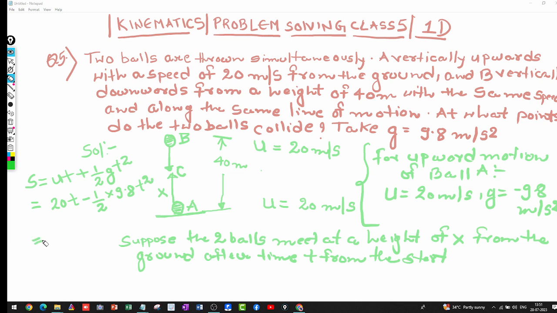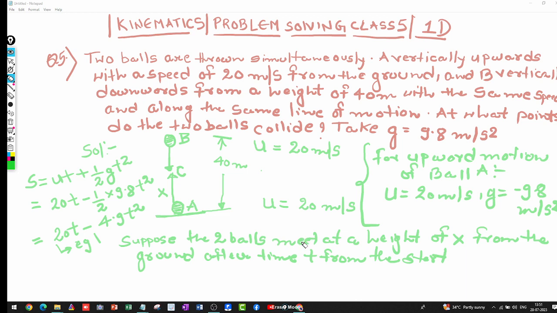So the equation is 20t minus 4.9 t square. This is equation number 1. Understood?